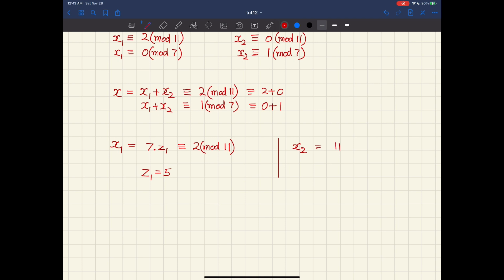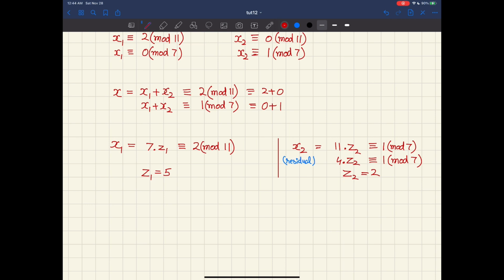And for x2, since it's a multiple of 11, we rewrite it as 11 times z2, which is congruent to 1 mod 7. Now since 11 is greater than 7, we take the residual here and we get 4 times z2, which is congruent to 1 mod 7.